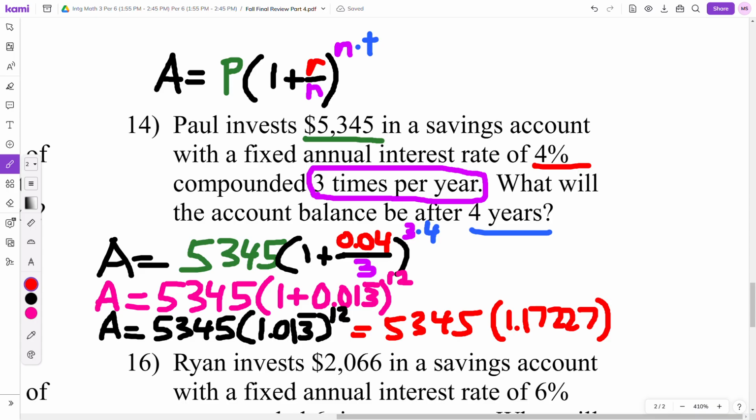And that in turn, if I multiply those, will give me my final answer, which is approximately 6,265 and 79 cents when you round to the nearest cent.